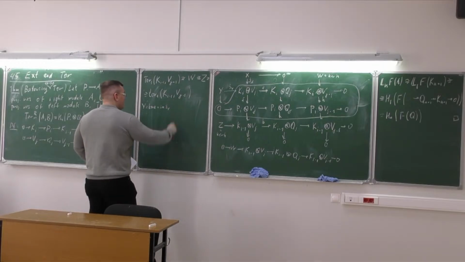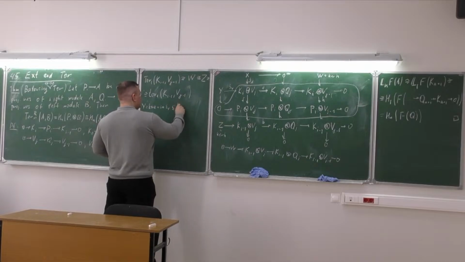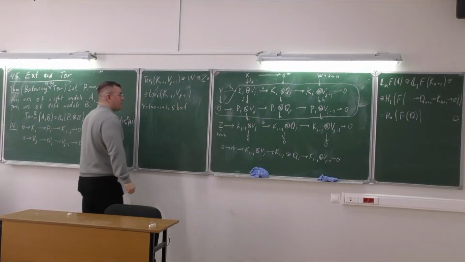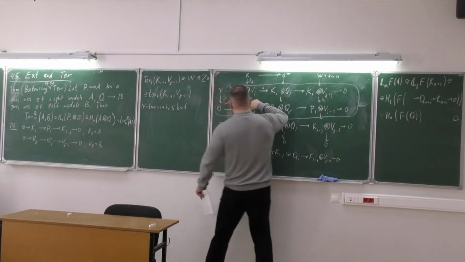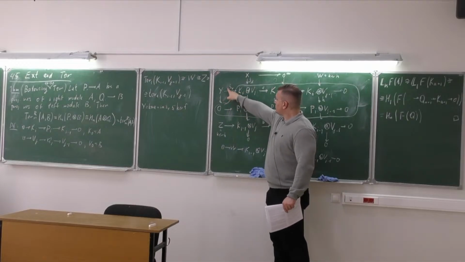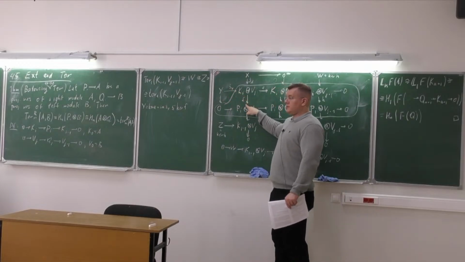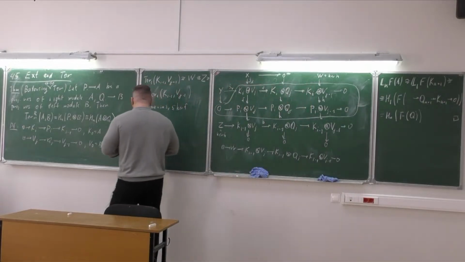Well, and then I claim that this image of this embedding is a submodule inside the kernel of the map F, right? So this is inside the kernel of F. And this is because the square is commutative, right? The composition of I_y and F is 0.